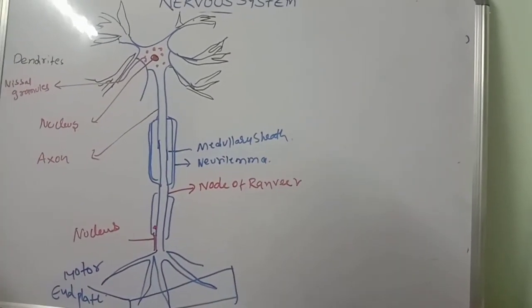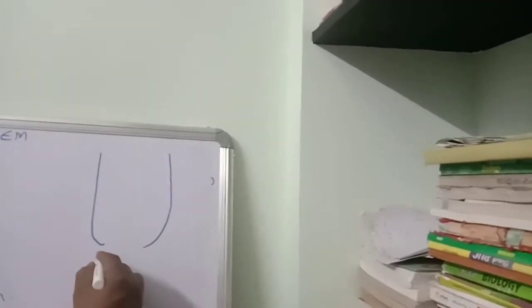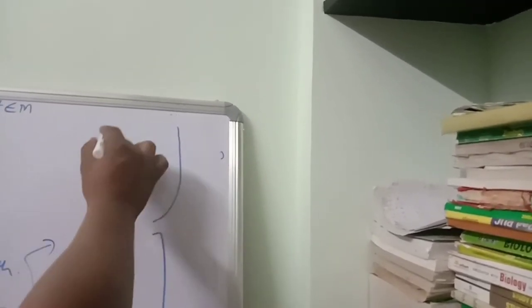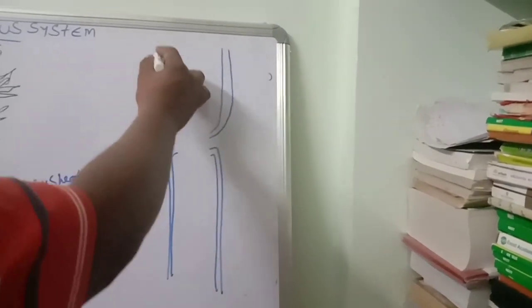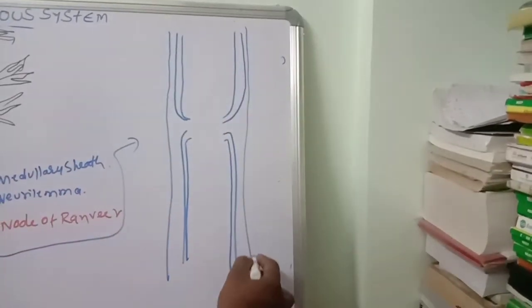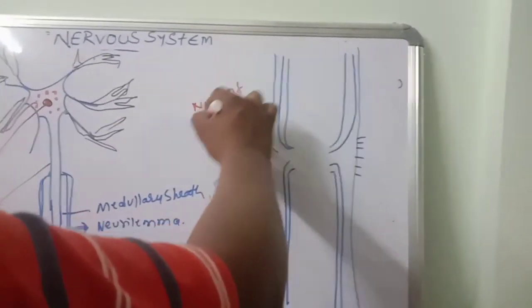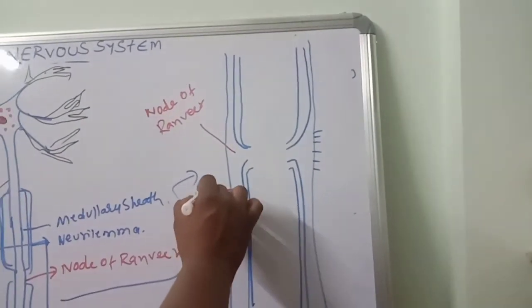If you take off this particular area and see outside, it will look like this. So like this, the parts will be there. We call this the node of Ranvier, and this is called neurilemma.